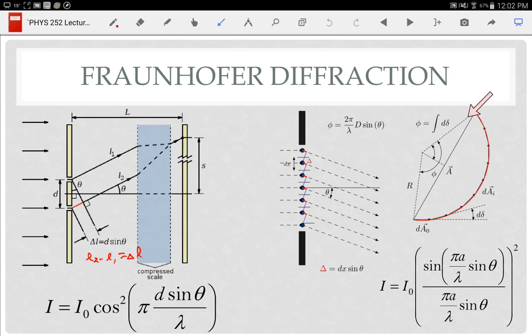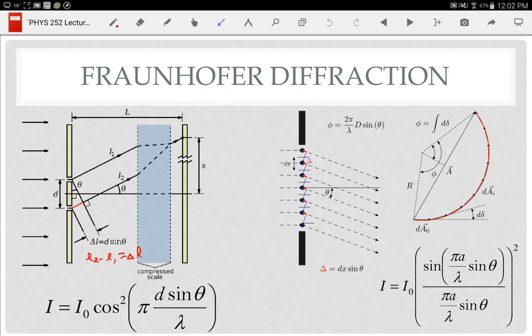This side here is radius, so I want that side and this side. So this side is opposite, this side is hypotenuse, so that's sine of this half angle with half of this.